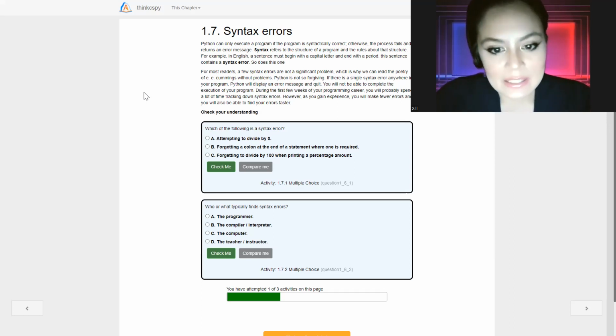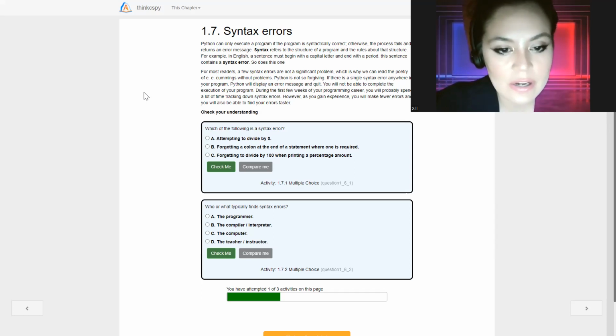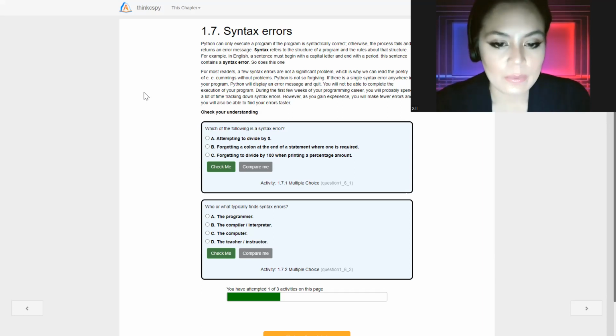Which of the following is a syntax error? A, attempting to divide by 0. B, forgetting a colon at the end of a statement where one is required. Or C, forgetting to divide by 100 when printing a percentage amount.